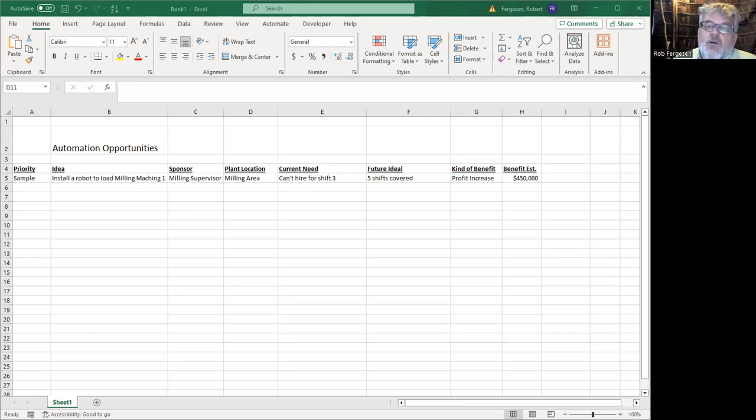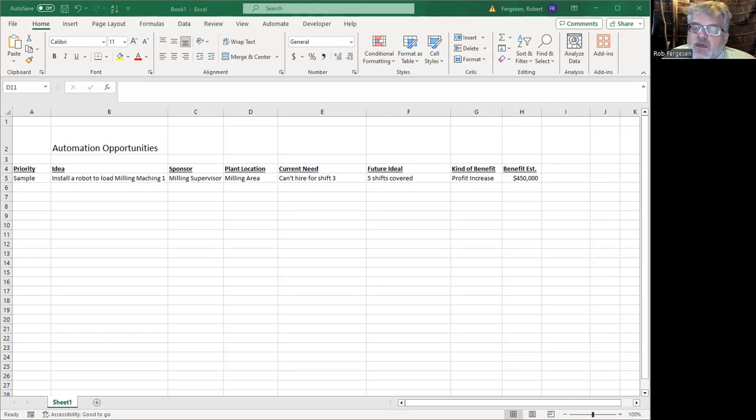The last column, actually the second to last column, is the kind of benefit. Now, I don't say savings here.